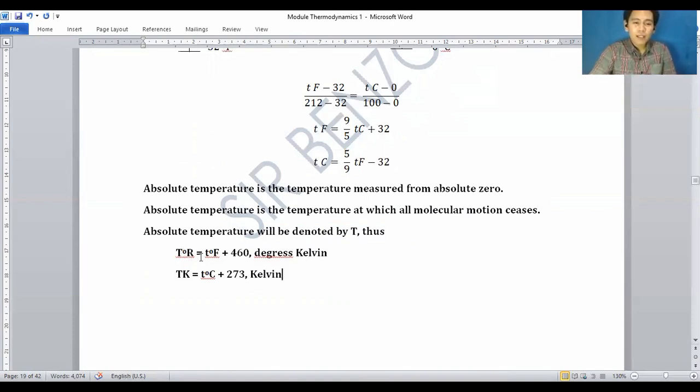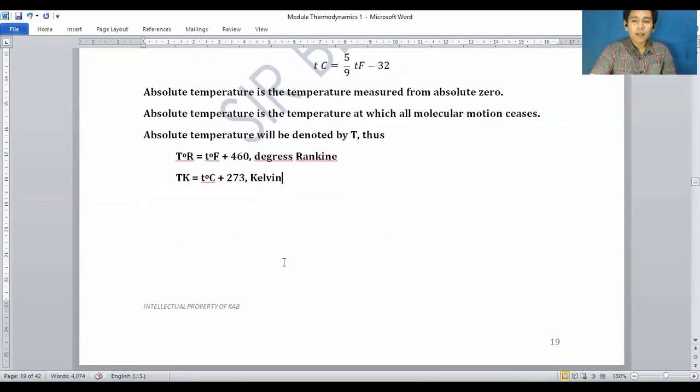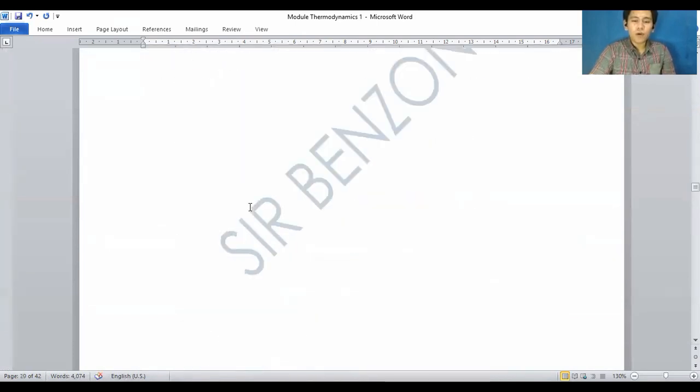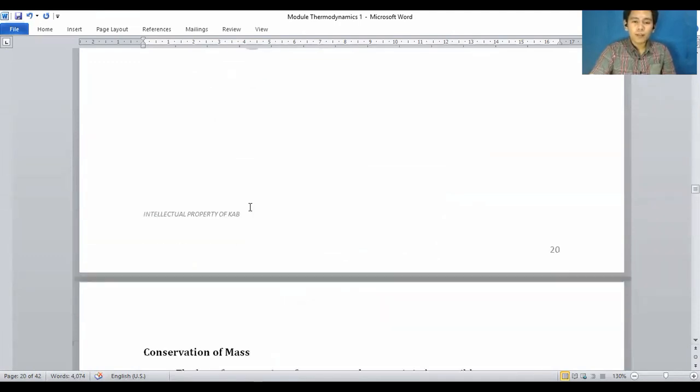So therefore, temperature in Rankine is equal to temperature in Fahrenheit plus 460 degrees. Sorry, this is in degrees Rankine as unit. And the temperature in Kelvin is the Celsius plus 273, which yields Kelvin unit. Okay, and that's all for part 3 of the module.